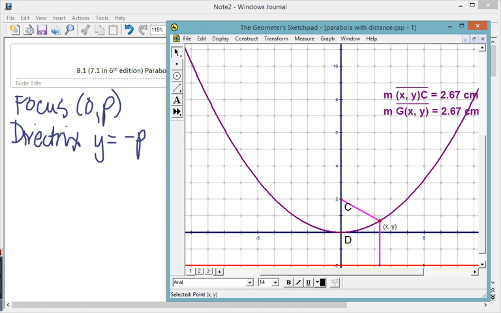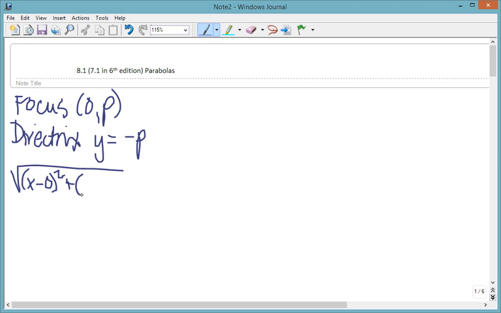Okay, so now if we look at this, and I'm going to go through deriving the formula really fast because I don't want to spend all of our video on it, but think about the distance formula, right? How you would write the distance between (x, y) and this point, (0, p). Okay, so that distance, the distance formula is the difference in the x's squared plus the difference in the y's squared, right?